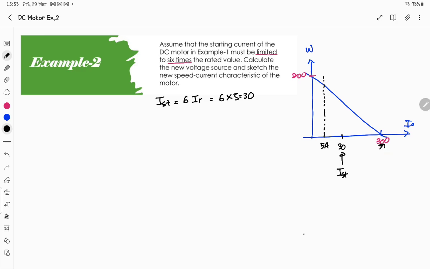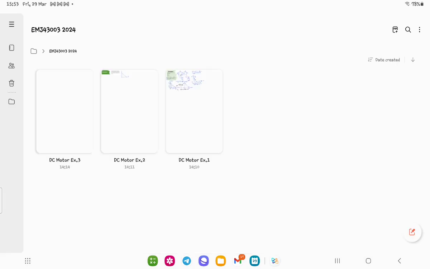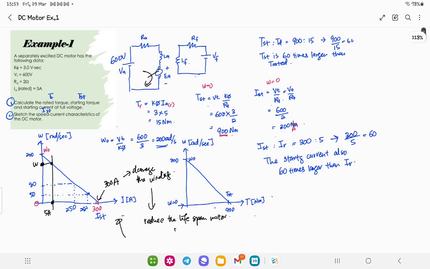Okay, why does this example ask you to do this? If we look at example 1, I did mention that when you initially start a motor and it gives you 300 amp, you need to make sure that you increase the speed as soon as possible so that you can reduce the current.